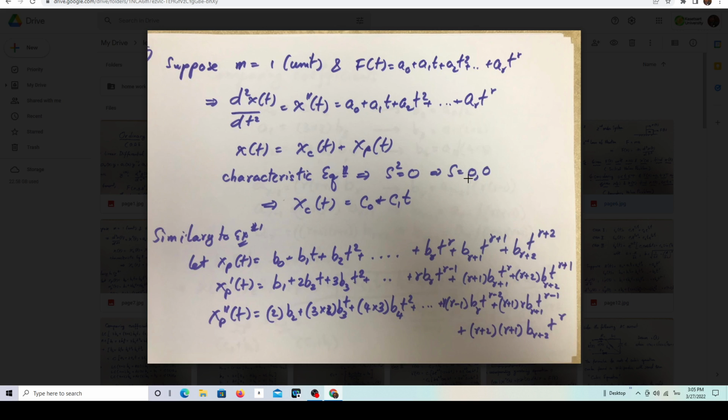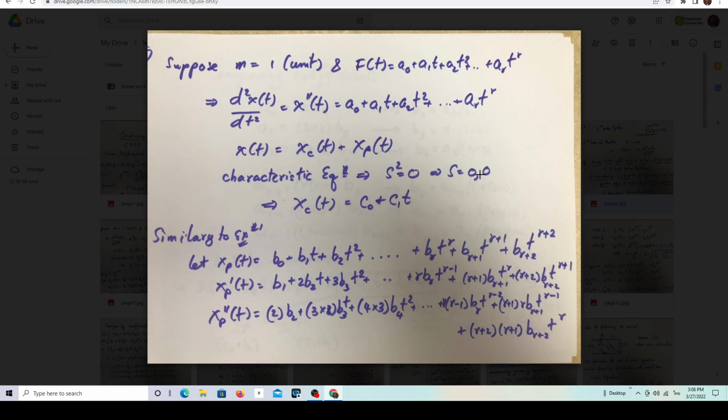Since it's a repeated root, using the technique from last semester, the second term has to be plus c sub 1 times the domain variable. If it's a distinct root, with different values s sub 1 and s sub 2, it would be c0 e to the s1 t plus c1 e to the s2 t.